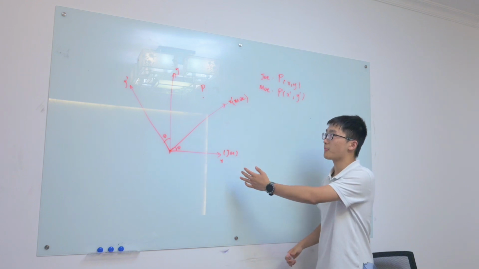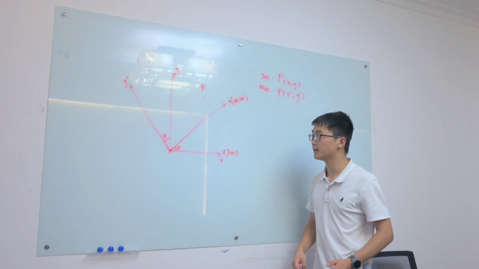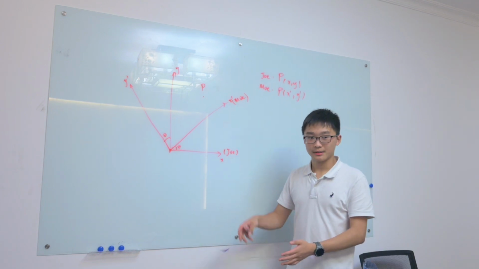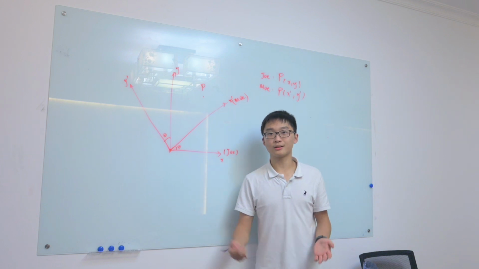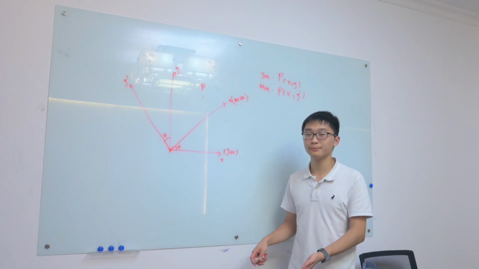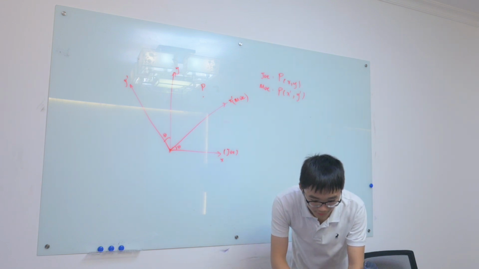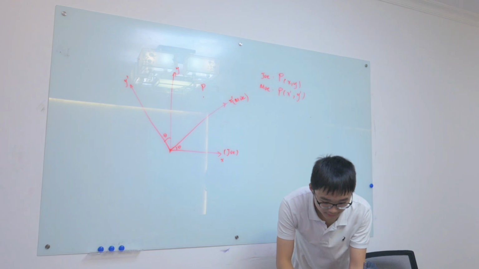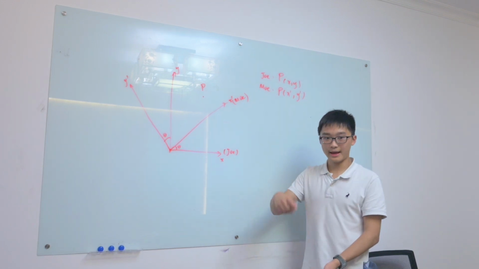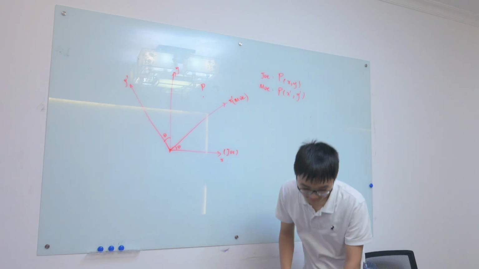What it means is that if we know the translation rule, we know that in Joe's coordinate system it's x and y, and if we apply that rule, then we will get x prime and y prime. So what are the relationships between x prime, y prime, z prime, and x, y, z? Now we will try our best to establish it.